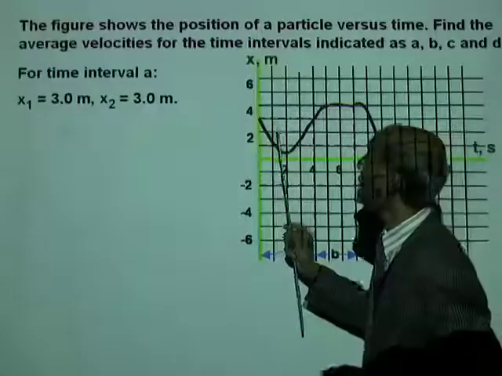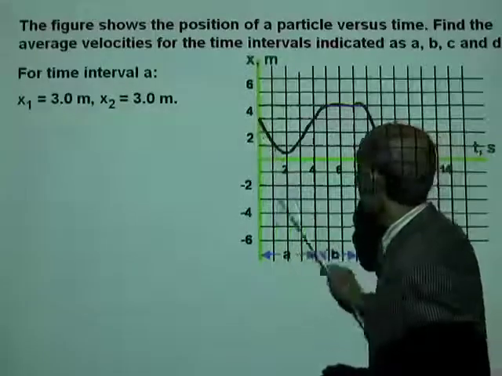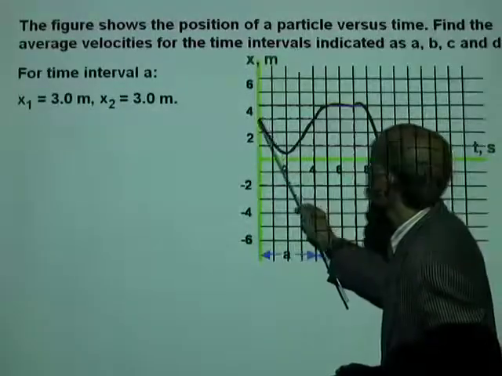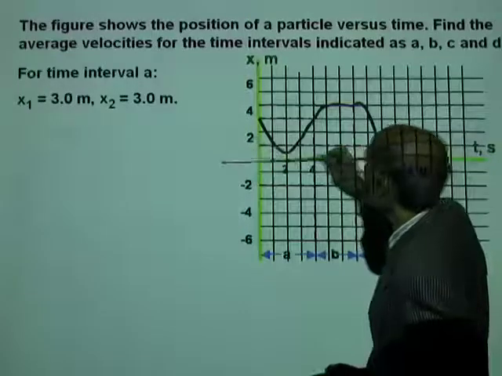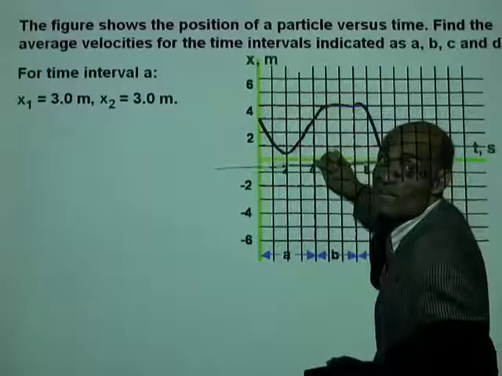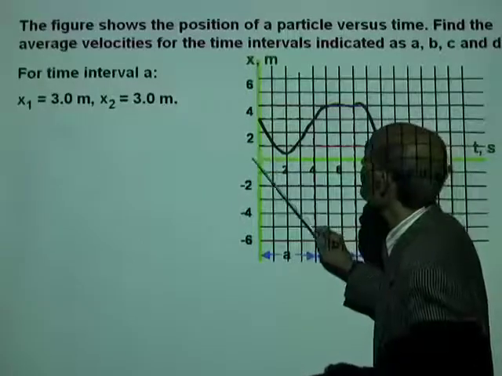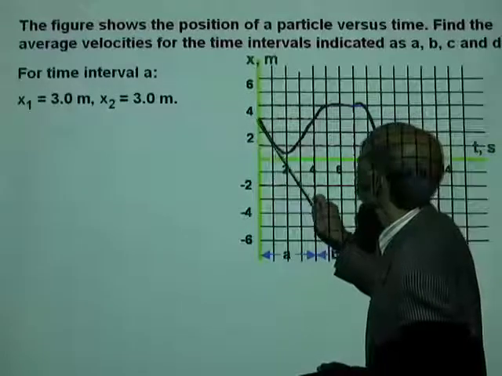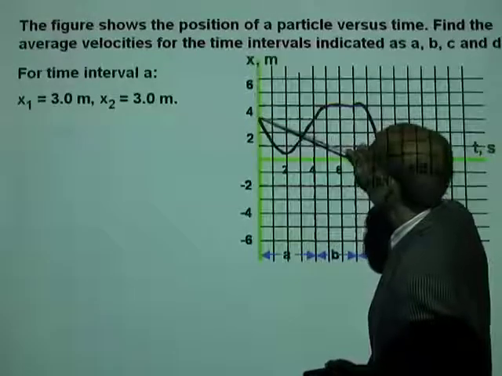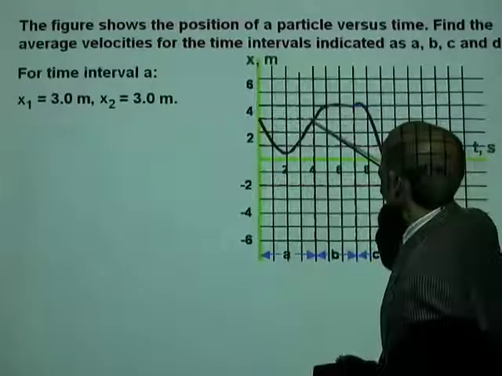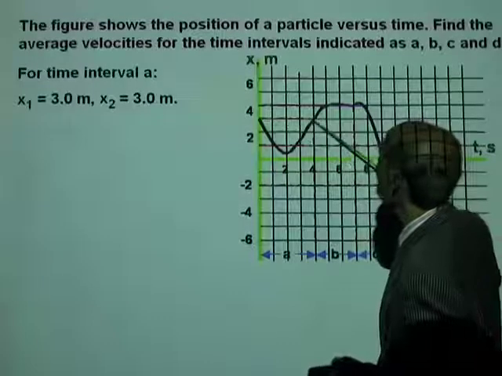For that time interval A, the initial position is 3 meters. If you watch here, the green line is 0, 1, 2, 3, 4, 5, 6. The initial position is 3 meters. The final position also is 3 meters.